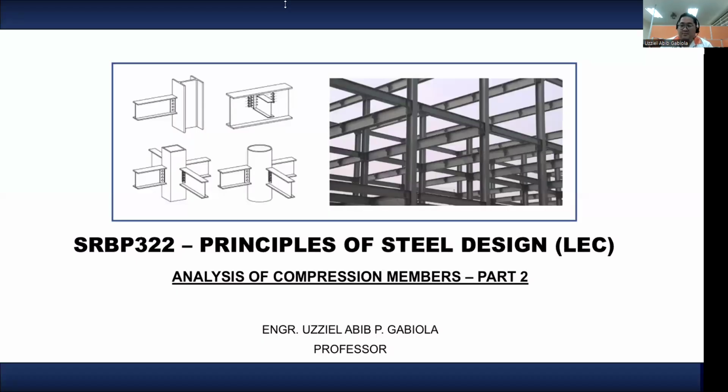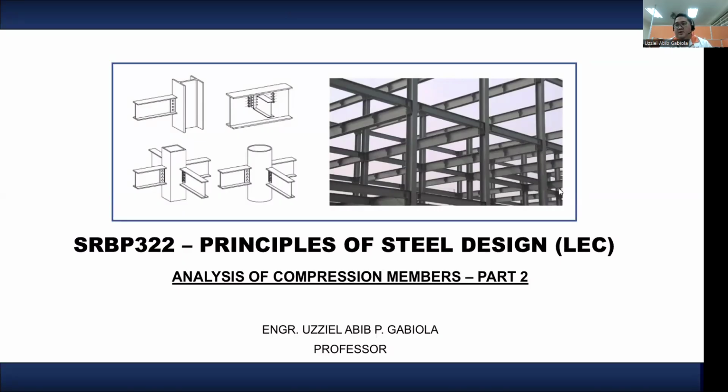Last time, we discussed how the Euler buckling load P was derived, and we also got the Euler buckling stress. Then we tried to explain what we do when our assumption or boundary condition changes.